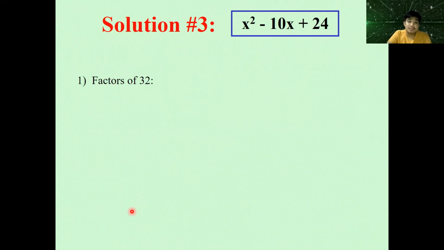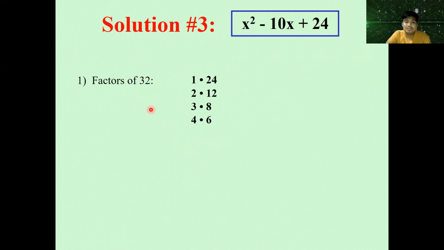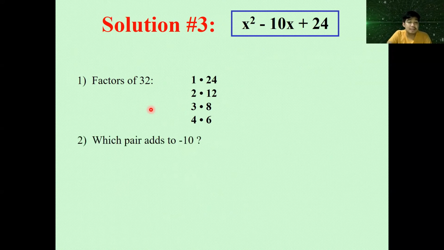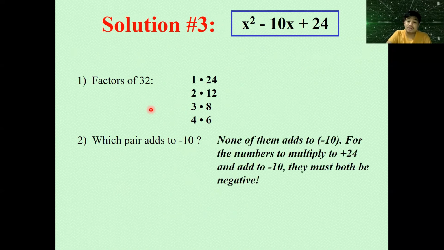So we have number 3. So what are the factors of 24? So 24 yan, not 32. So we have 1, 24, 2, 12, 3, 8, and 4, 6. And then hanapin natin yung pares na kapag pinag-add natin is negative 10. So, wala sa mga pares na nandyan, pag pinag-add natin is negative 10. So, ang possible na isipin natin is hindi naka-factor.